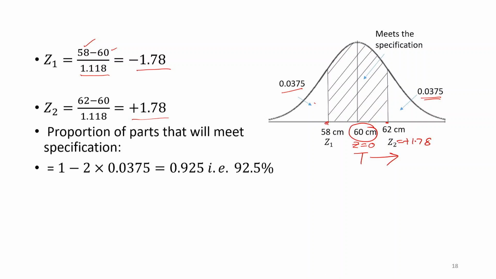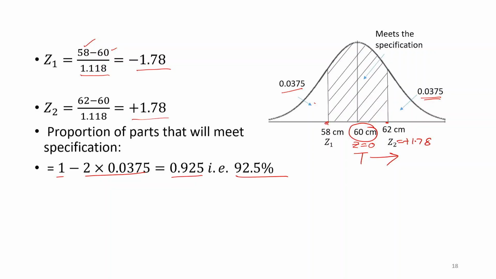Therefore, the area between 58 and 62, which indirectly means the area between minus 1.78 and plus 1.78, that is Z1 and Z2, is going to be 1 minus this, which is equal to 0.925, that is 92.5 percent. Then 92.5 percent of the joint pieces will meet the specifications.